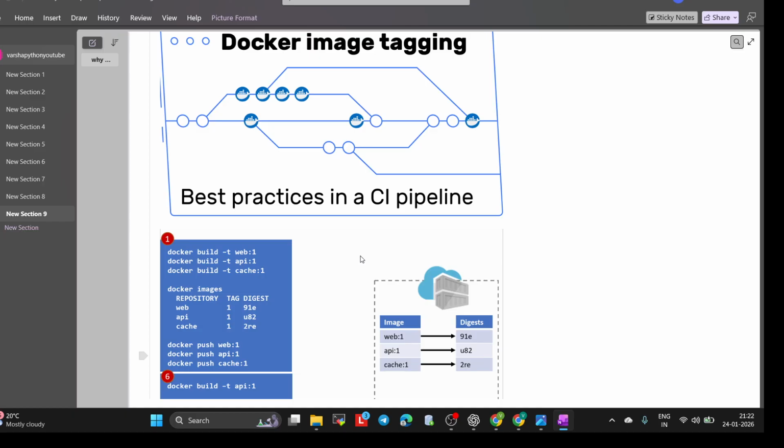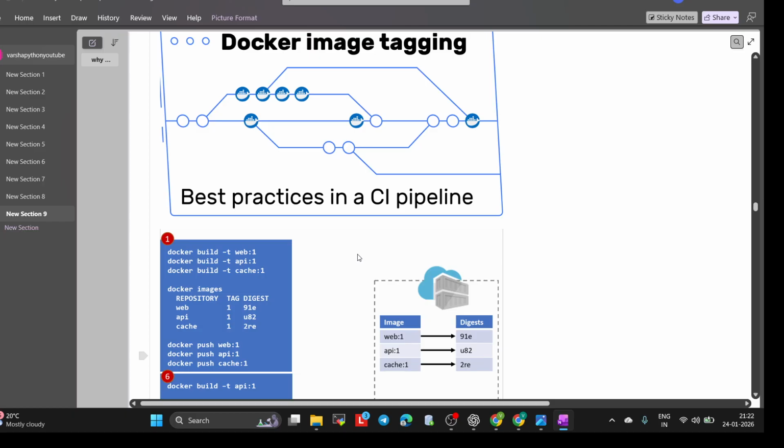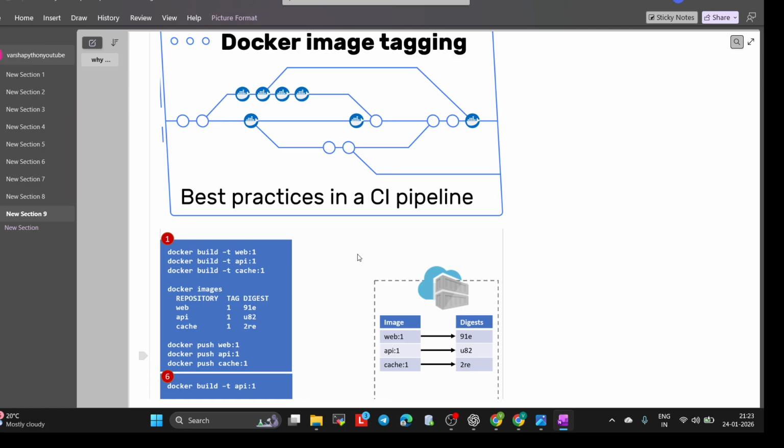Many beginners use the latest tag, but this is considered a bad practice in production because it is unpredictable and can cause unexpected deployments. Instead, professional DevOps teams use version based tags like v1.0.1.3, or commit based tags derived from the git commit ID.